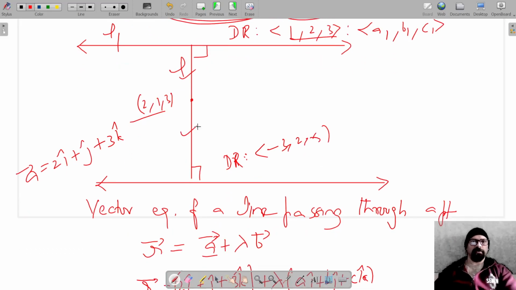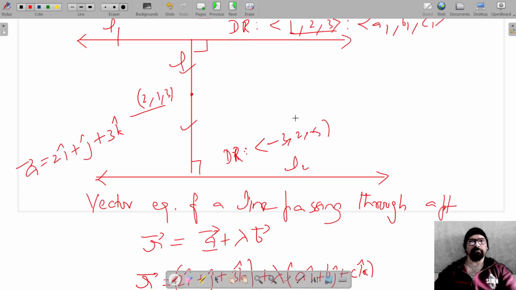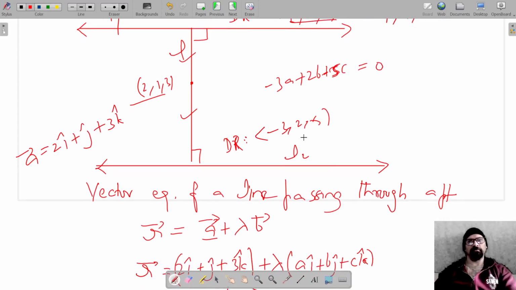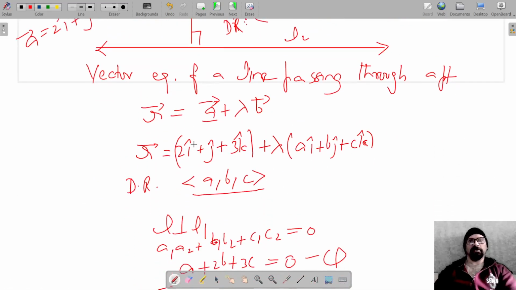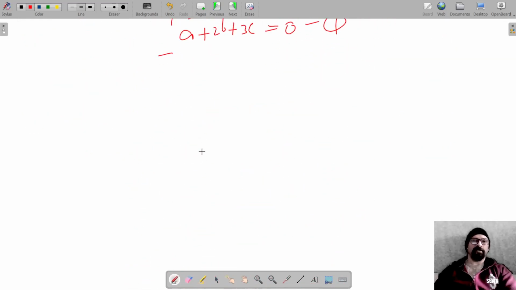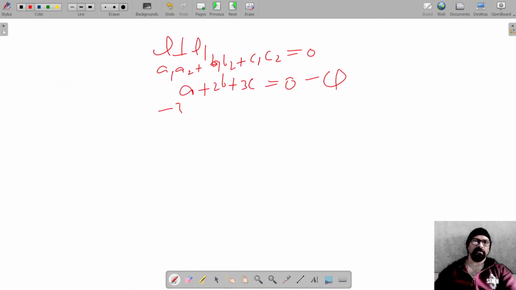Let this be line L2, which is also perpendicular to L. So the sum of the products of the direction ratios should be equal to 0: negative 3a plus 2b plus 5c is also equal to 0.